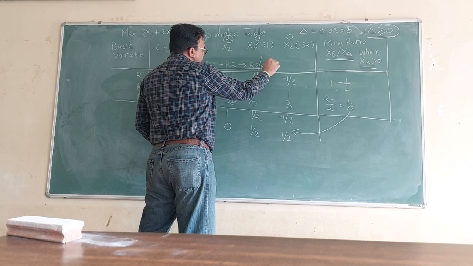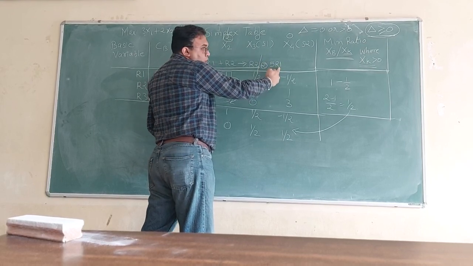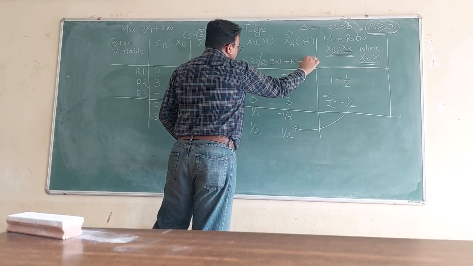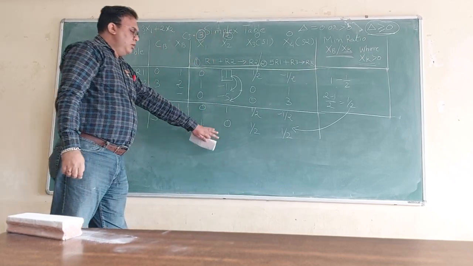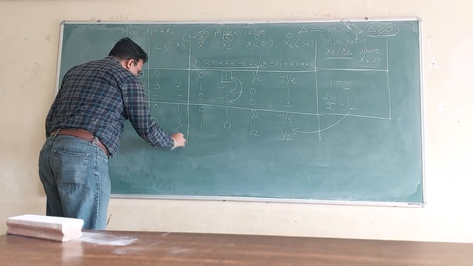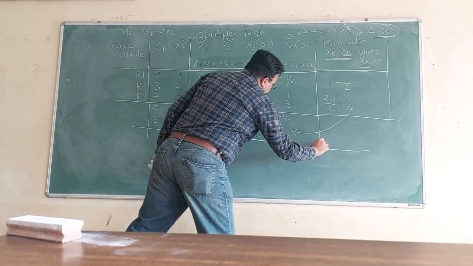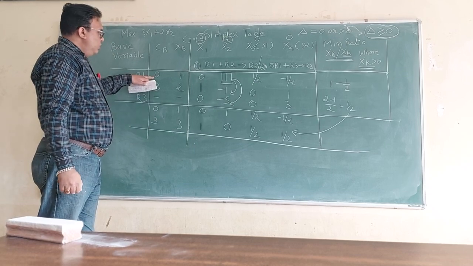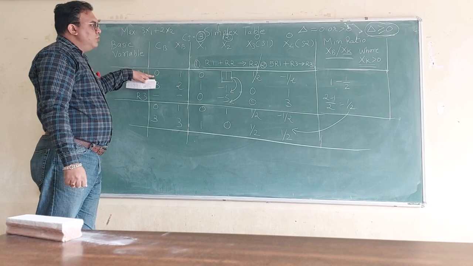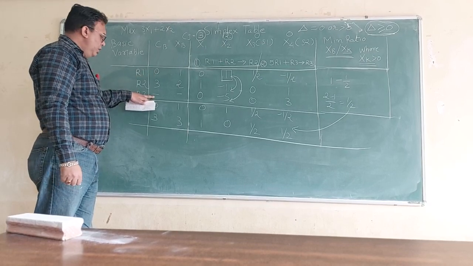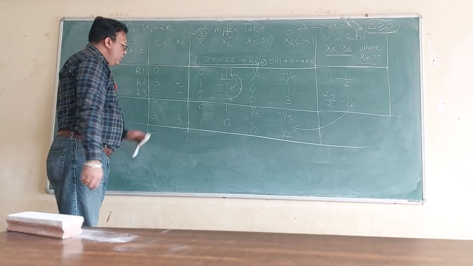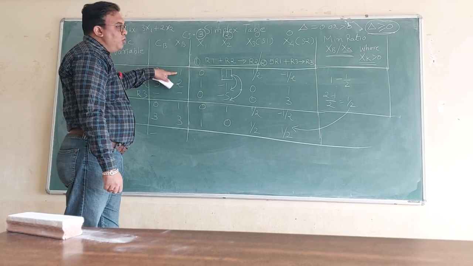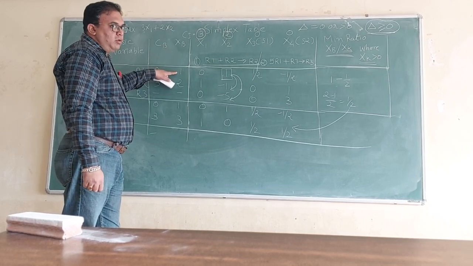So our second logic is row number 1 multiplied by 5, added to row number 3, and we get a new value in row 3. 0 into 5, 0 plus R3, nothing is there, so it remains the same. 1 into 0, 5 into 1, so 5, right?